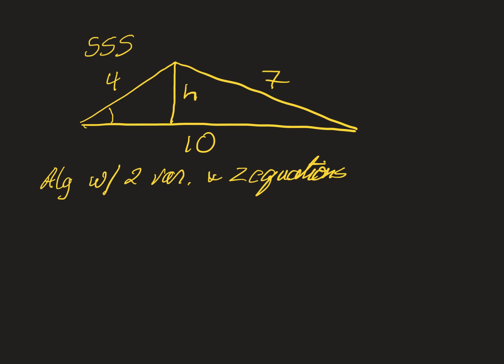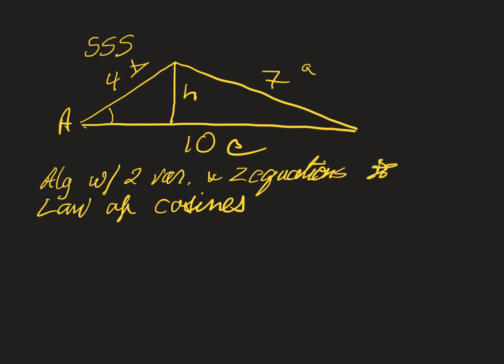And so there are a couple of approaches to the problem. But I know with the law of cosines, I can find an angle, right? So we'll say this is side A, side B, and side C. And so the other way to do it is law of cosines. Now, I like seeing alternate ways to do problems.